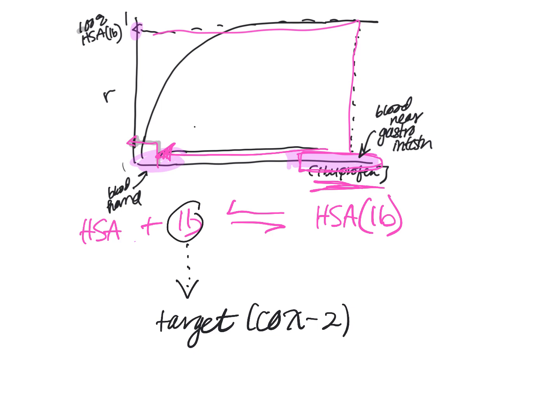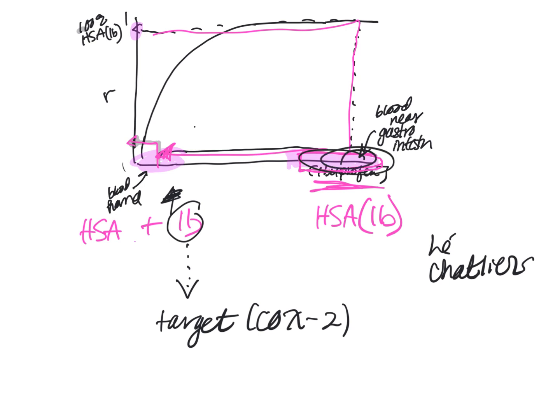Another way to see this is if you remember Le Chatelier's principle. If you increase the concentration of ibuprofen, which would represent this region right here, then you shift the equilibrium to favor the bound state.